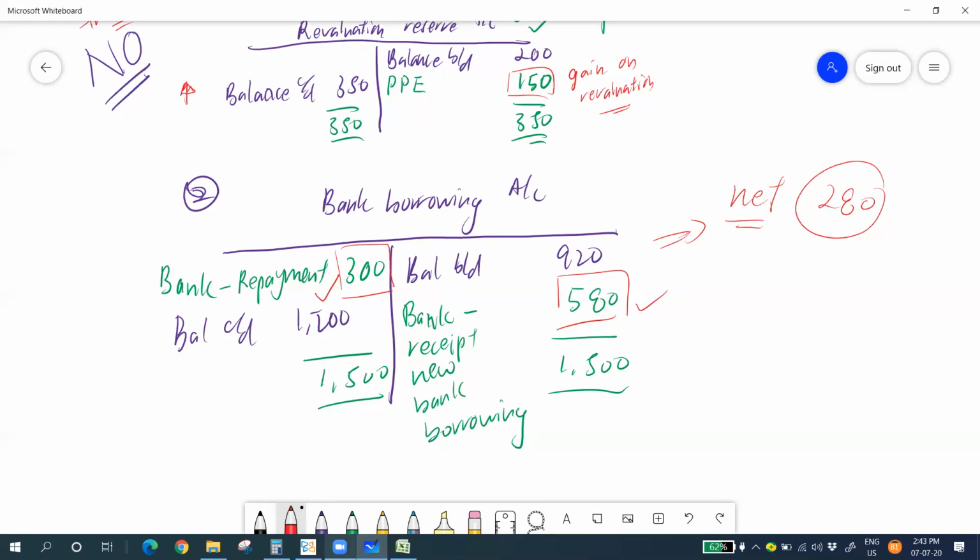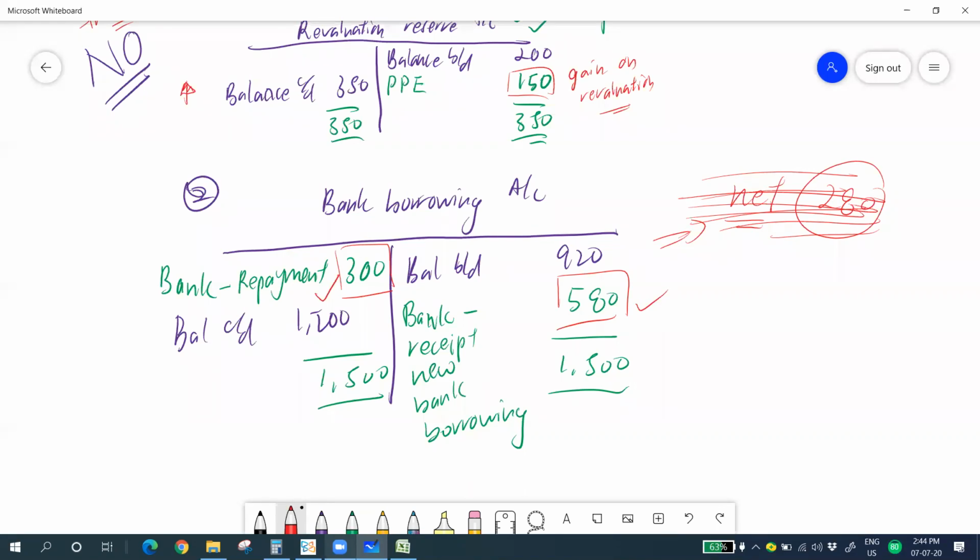No? All right, the answer is you cannot net off. Yes. So your answer is correct. We should separate repayment and receipt. We cannot net off the amount. When we present in our cash flow statement, we cannot show the net amount, because if we show the net amount, we cannot see the actual cash movement in the company.